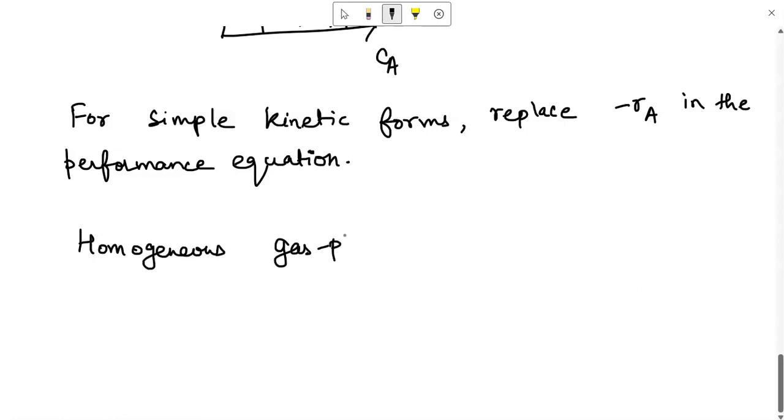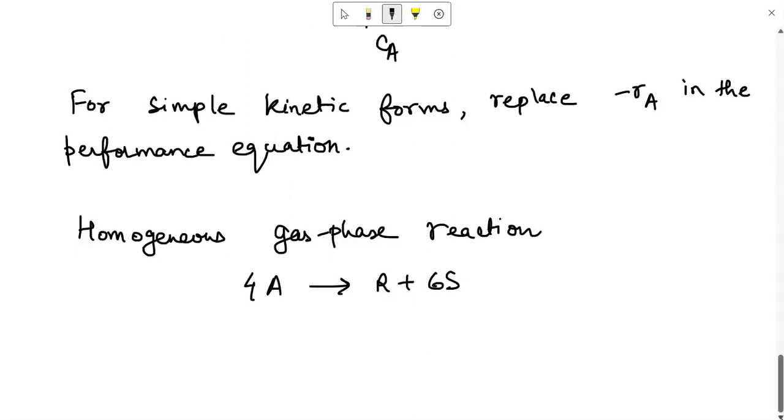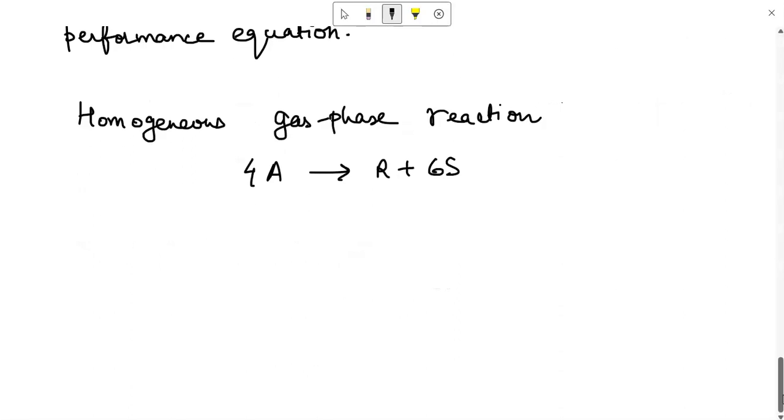So you have a homogeneous gas phase reaction at hand, and the reaction is 4A gives R plus 6S. This is your reaction. The temperature at which it proceeds is 649 degrees Celsius. This is the reaction temperature.